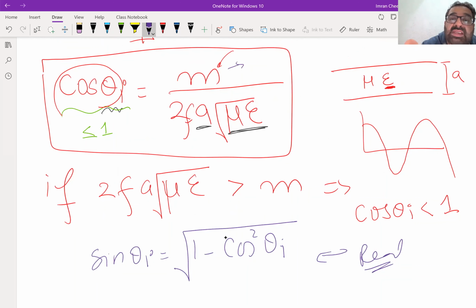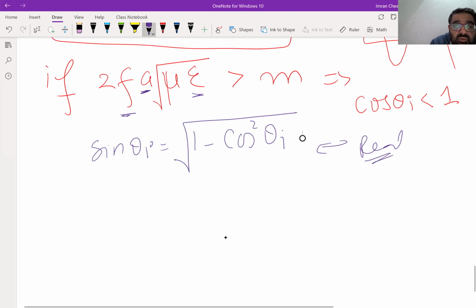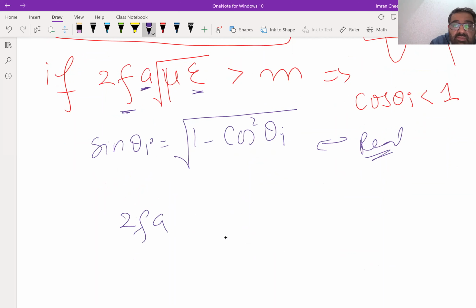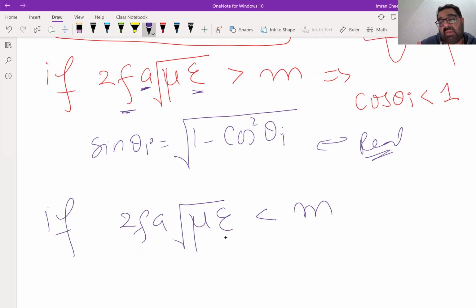लेट्स से मैं m is equal to 1 कर देता हूं. You can see that I can pick a frequency, waveguide separation and epsilon combination in such a way that 2FA mu epsilon becomes less than m. It is fully possible, right? किसी को कोई इस पे ऐतराज नहीं होना चाहिए, मैथमेटिकल चीज है. m is an integer, m could be anything.